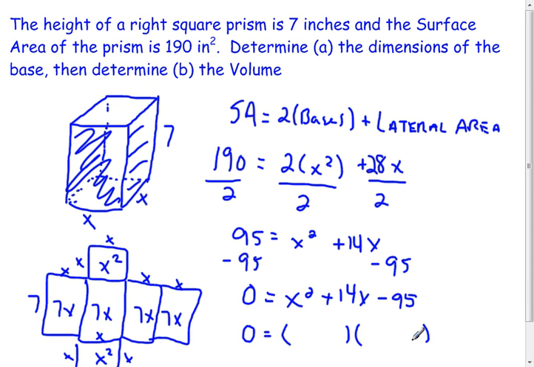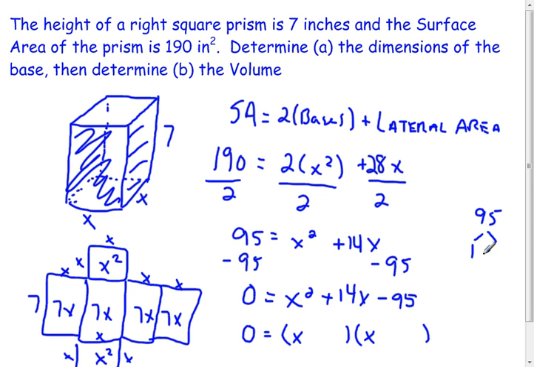Factoring is the opposite of foiling, if your teachers use that phrase, or distributing. So we're basically undistributing. The first 2 terms are going to be x and x, because when you multiply these, you get x squared. And then these last 2 terms have to multiply up to negative 95. So what I like to do is make a little factor tree.